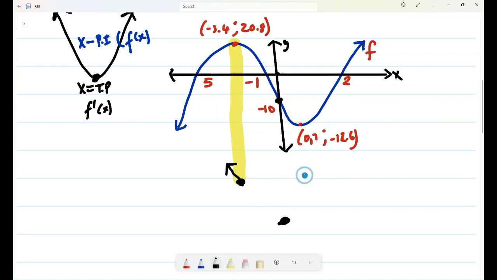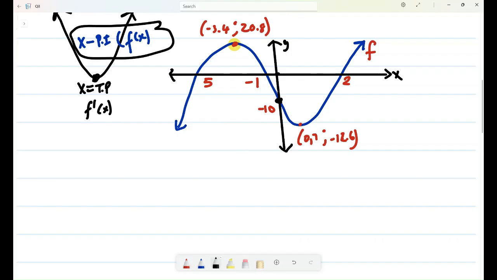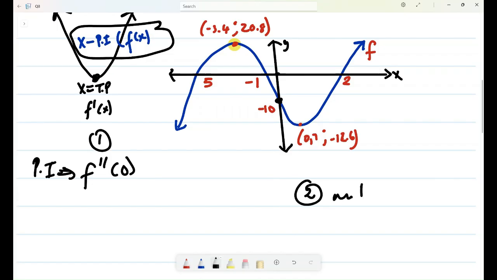So how can I get the x coordinate of the point of inflection? The second derivative should equal 0. Or I can say it is the midpoint between these 2 points. Use either the first or the second one.